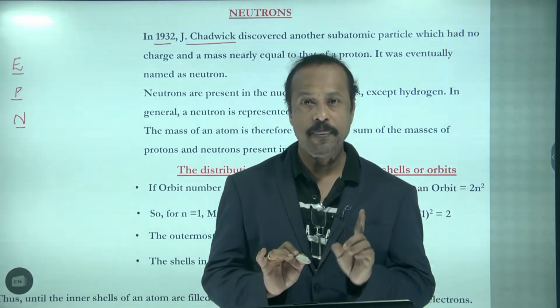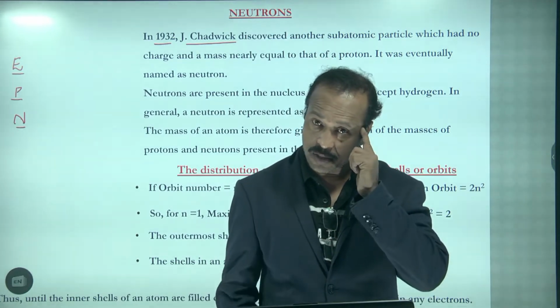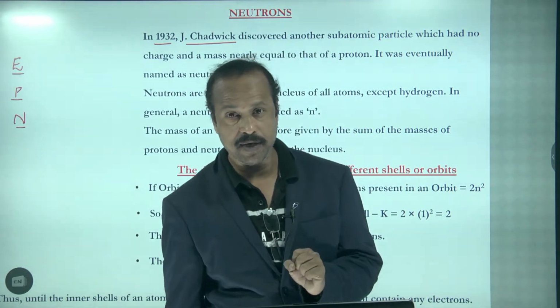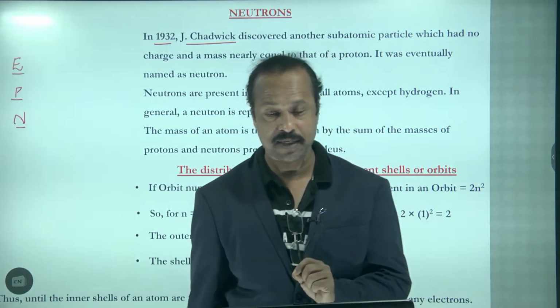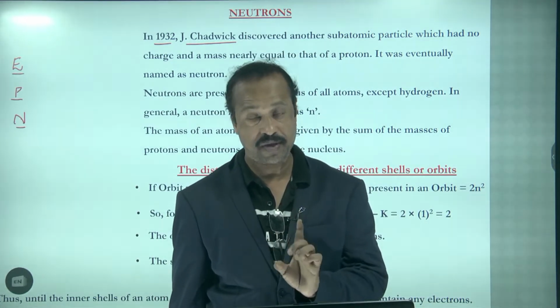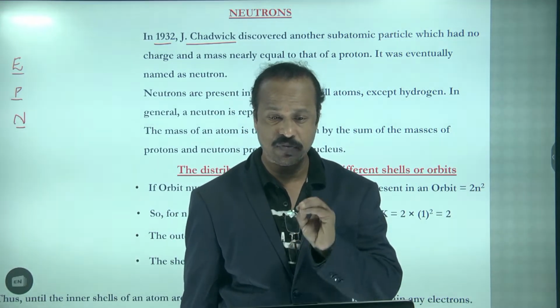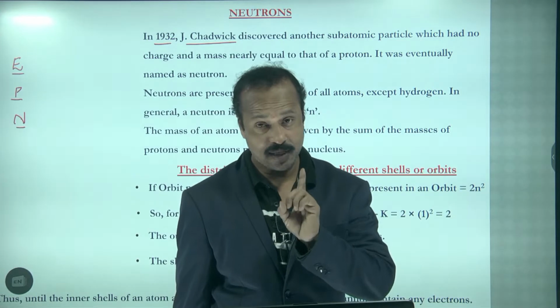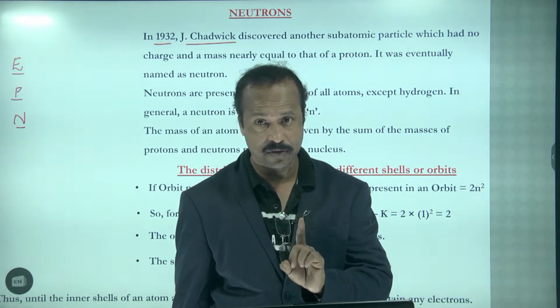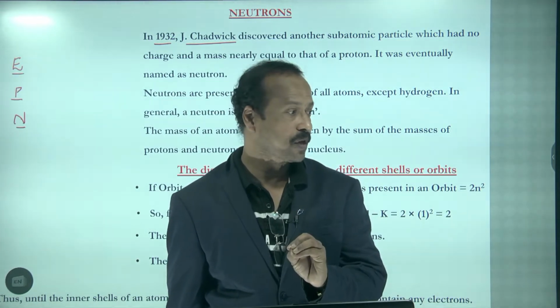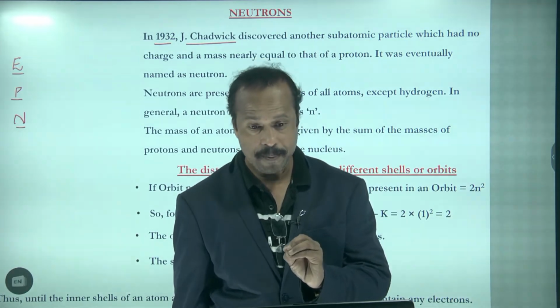We already discussed that we have 118 elements. In those 118 elements, except hydrogen, all the remaining elements consist of neutrons.